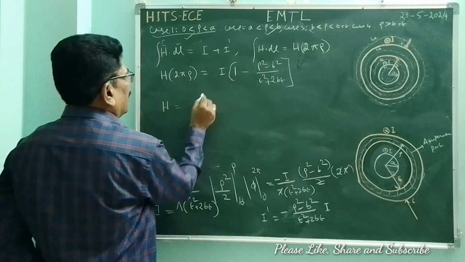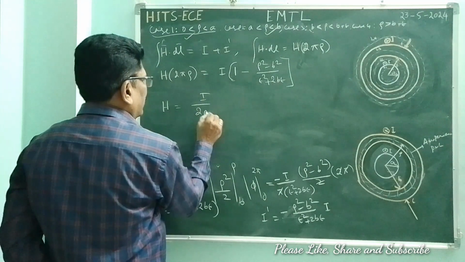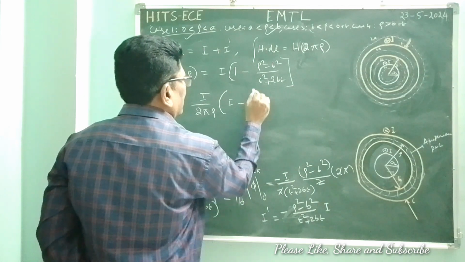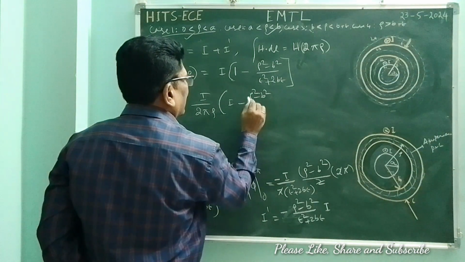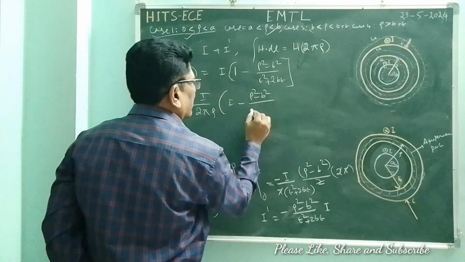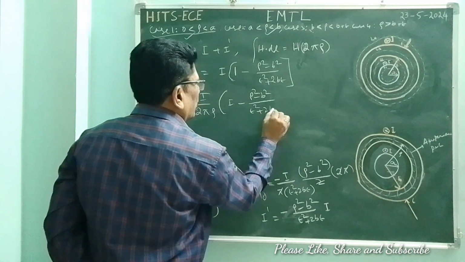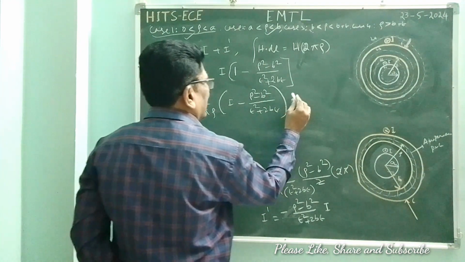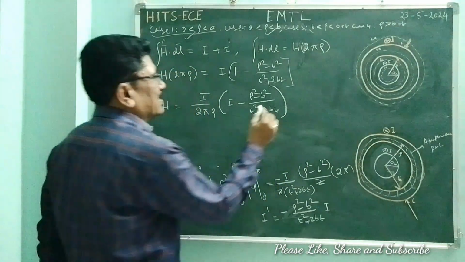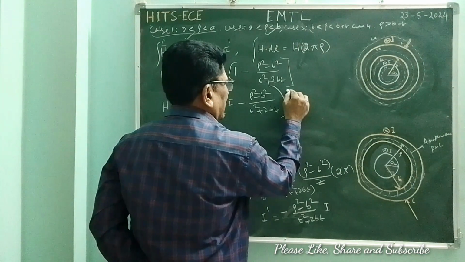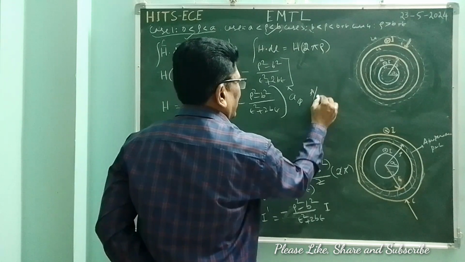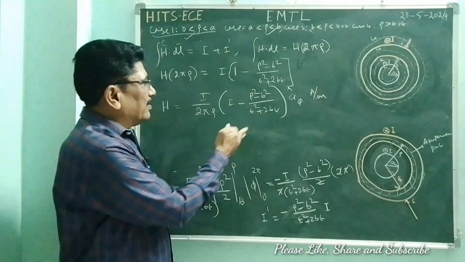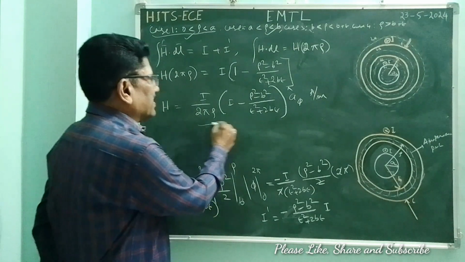H is equal to I by 2 pi rho into (1 minus (rho square minus b square) by (t square plus 2bt)). So what are the units for H? Ampere per meter. And what is the direction of H? A phi cap. So for L3, the magnetic field intensity H is equal to this expression.